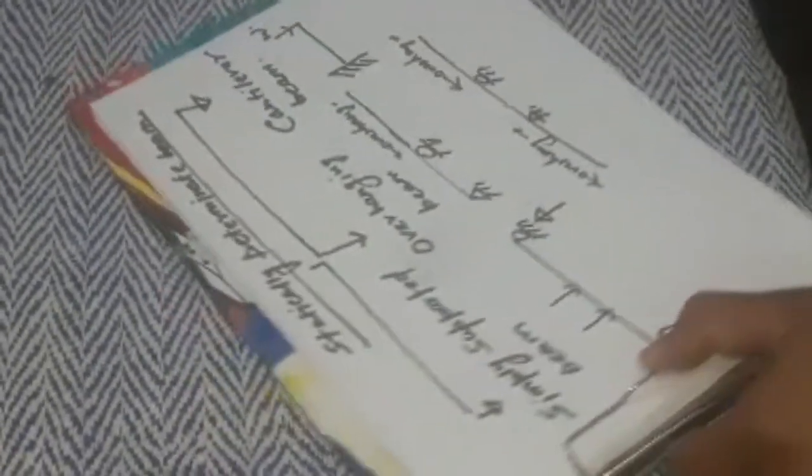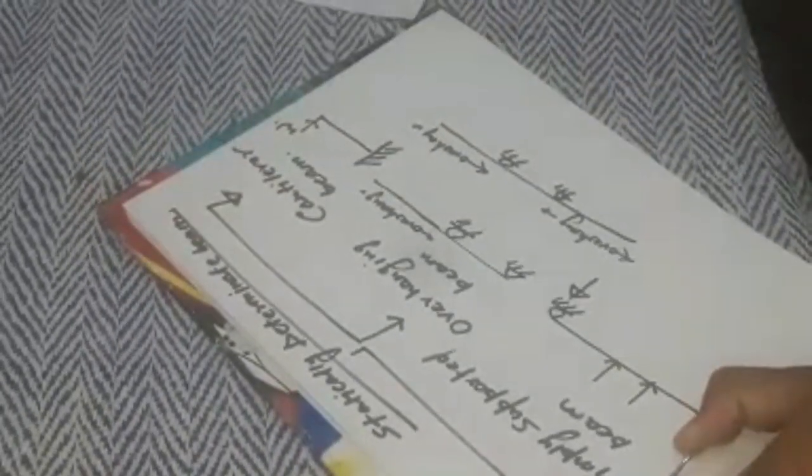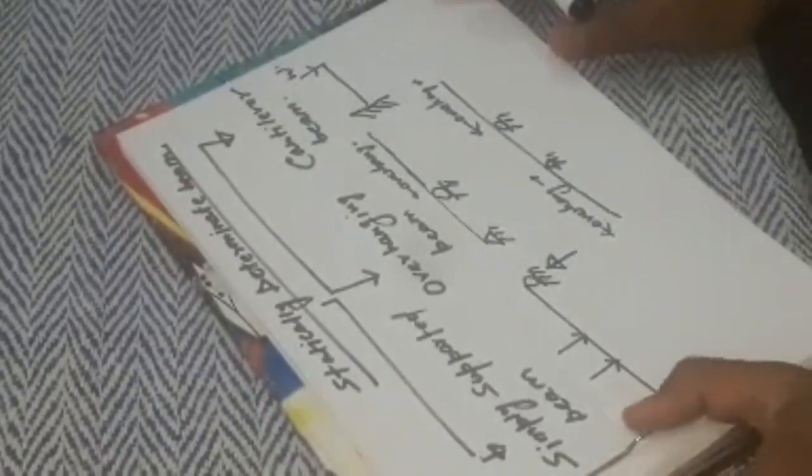In case of cantilever beam, one end of the beam is fixed and the other end is free to take load. This is cantilever beam. So our first two objectives are completed: definition of beam and types of beam.